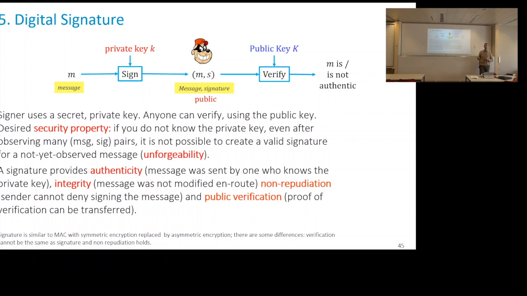With private key cryptography, we could not make those things public because the keys are supposed to be secret. But here the public key gives a stronger property, which is non-repudiation, which is of course very useful. If you buy things over the internet, you want to make sure that the transaction occurred and that you agreed to sell, for example, or that the seller was agreeing to deliver you something.